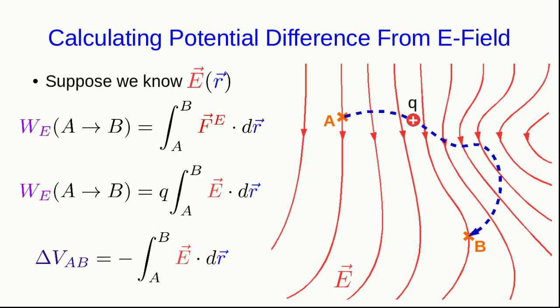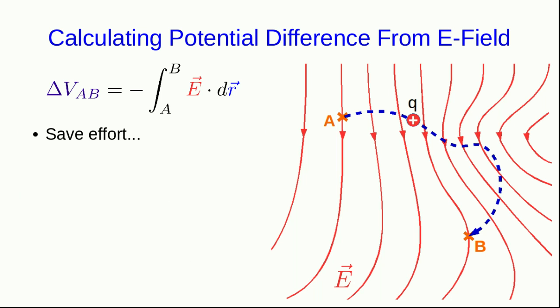And so if we divide out that charge, it disappears. We get that the potential difference from A to B is directly related to the E field by an integral along the path of the E field dotted with the path elements.